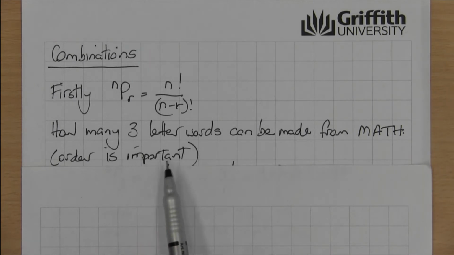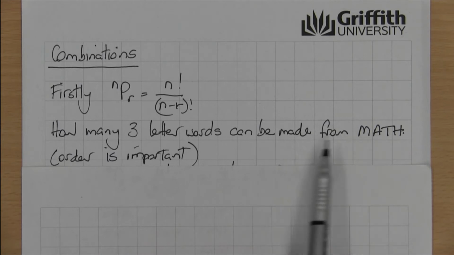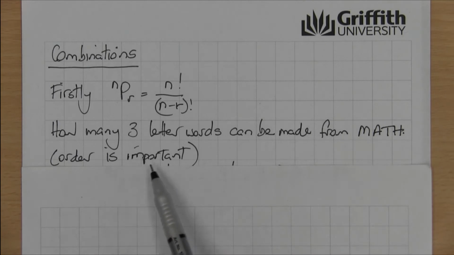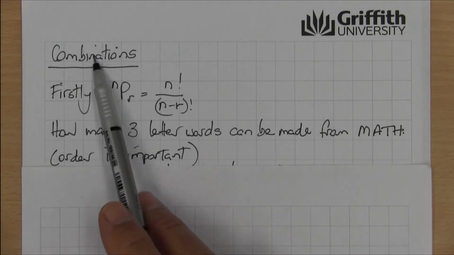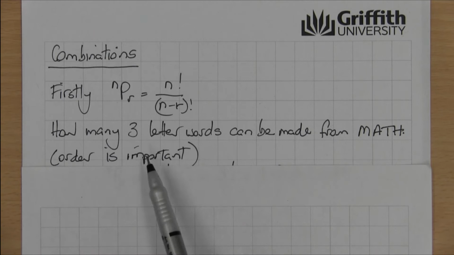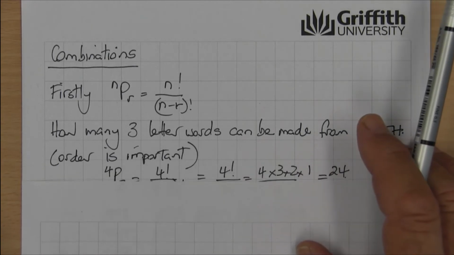Now with words, MAT is a different word to a TAM, so for three-letter words and so on, order is important, so it's not a combination. Combinations I'll talk about in a little minute, but it's a permutation. Permutation order is important.